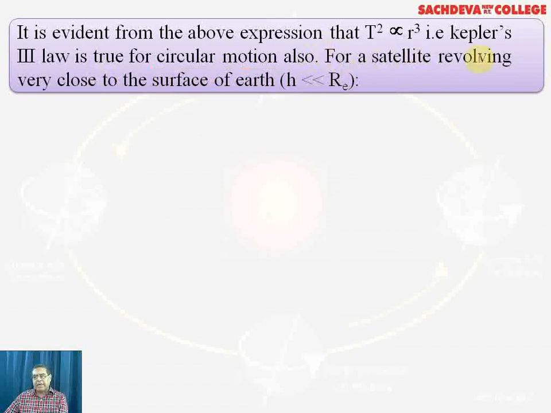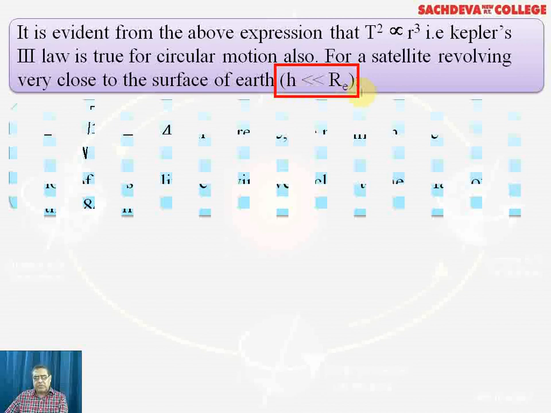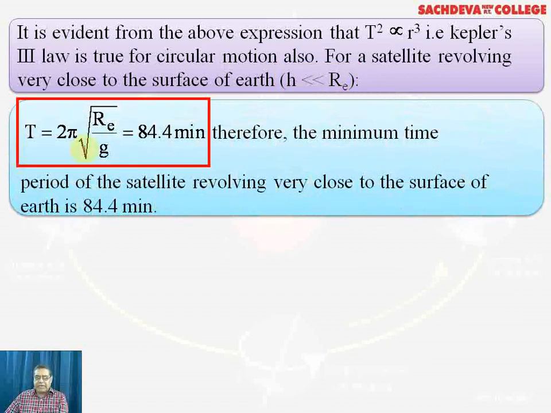For a satellite revolving very close to the surface of Earth, h must be neglected and only the radius of Earth, Re, is to be considered. So the time period T is equal to 2 pi under root Re over g. Now we put in the value of pi, the value of g, that is 9.8 meters per second square, and the radius of Earth, nearly 6,400 kilometers, converted to meters.